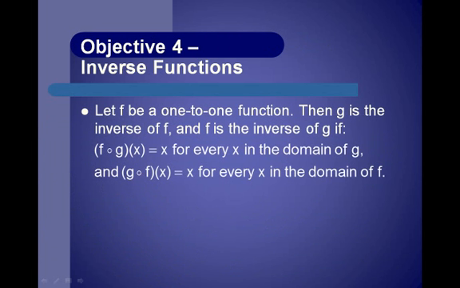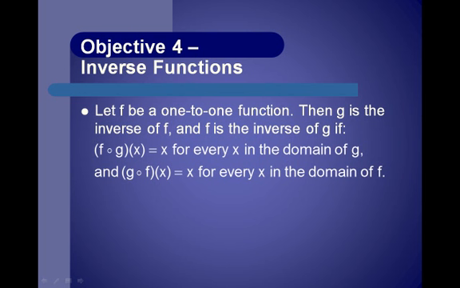Okay, objective 4. Inverse functions. Let f be a one-to-one function, then g is the inverse of f, and f is the inverse of g if f of g of x is equal to x for every x in the domain of g, and g of f of x is equal to x for every x in the domain of f.